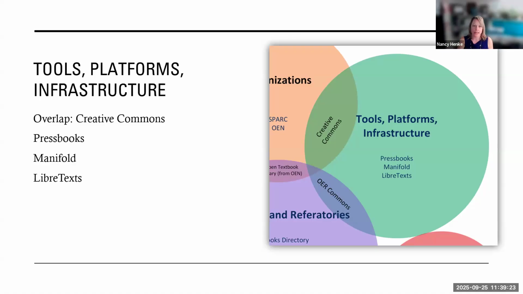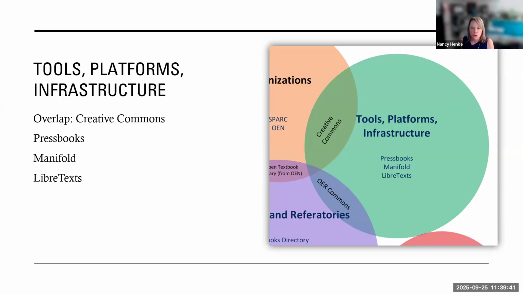It's because of those open licenses that allow for derivatives, such as Creative Commons licenses that allow the revisions to happen, which is what makes so much of the open education work possible. So they are both an organization that does education and things, but they are also definitely important infrastructure in making this work.